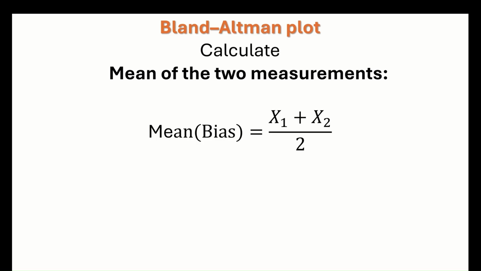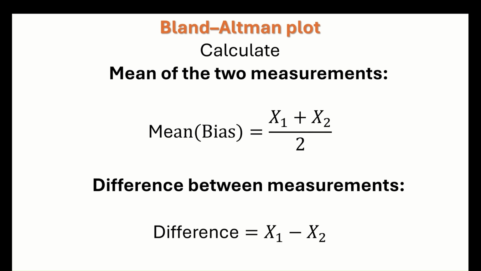This has to be repeated for each paired score or reading. To calculate the difference between the two measurements, take the first score from the first measurement and subtract that from the second measurement. In this way, two new variables will be generated. One is the mean, the second one is the differences.